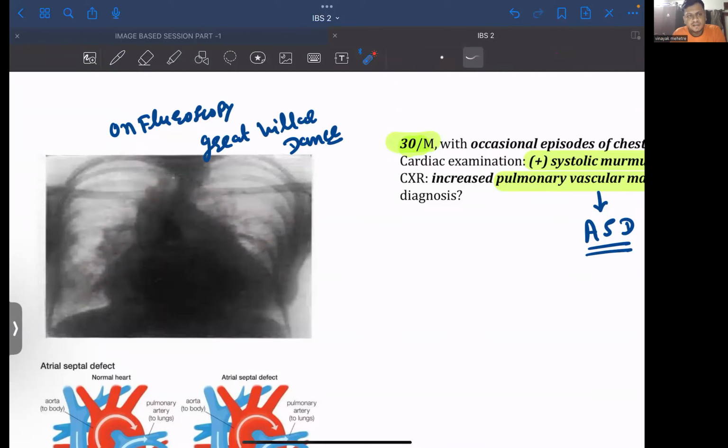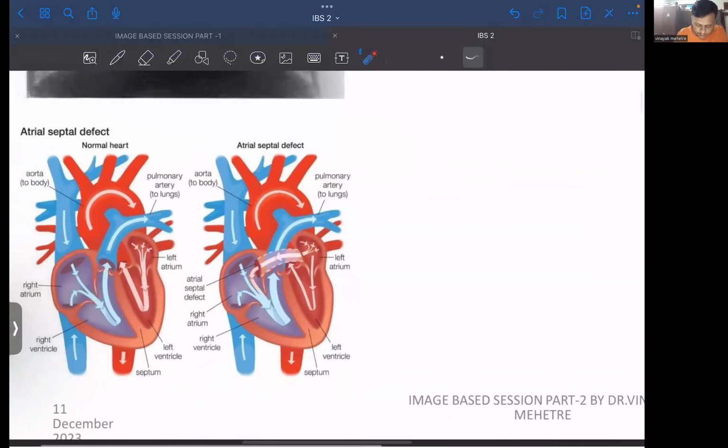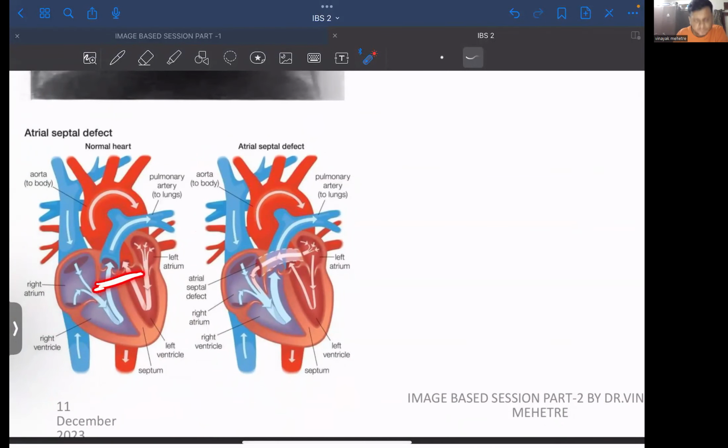So it is seen in ASD. What is ASD? A defect between the atria, right? A defect in the atrial septum. So there will be a hole present between both atria, right? Between both atria.